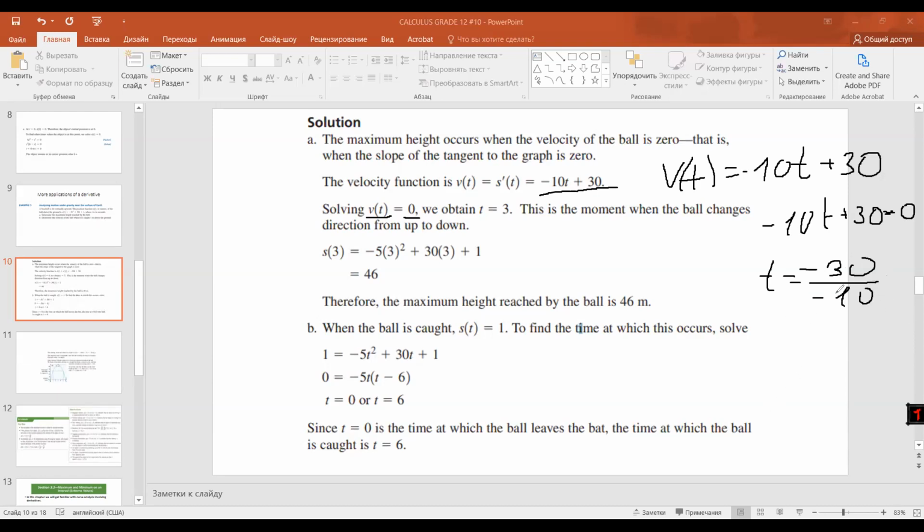And what is it equal to? t equals 3. Great. And then we substitute it into the initial function of displacement. Do you understand it? Yeah.